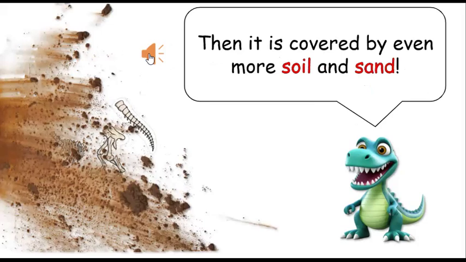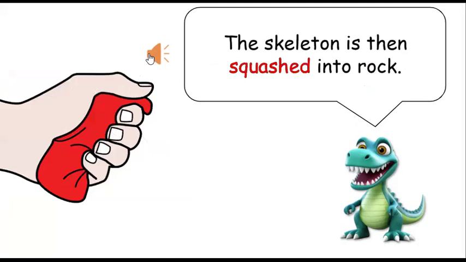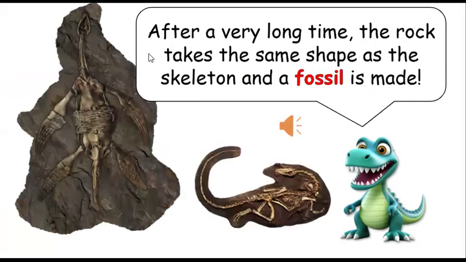Then it is covered by even more soil and sand. The skeleton is then squashed into rock. After a very long time, the rock takes the same shape as the skeleton and a fossil is made.